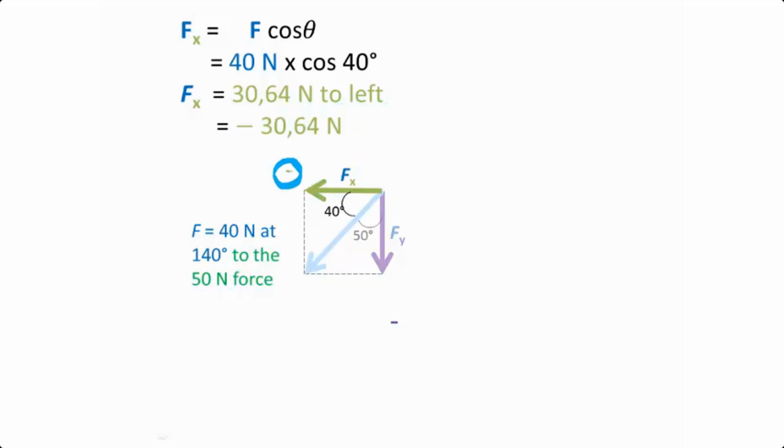So instead of writing to the left, we replace this to the left with a sign negative. So Fx's value is minus 30,64 newtons. Remembering that that minus doesn't mean it's smaller than 0. It means it's pointing to the direction on the x-plane that we had chosen to be negative. In other words, left.